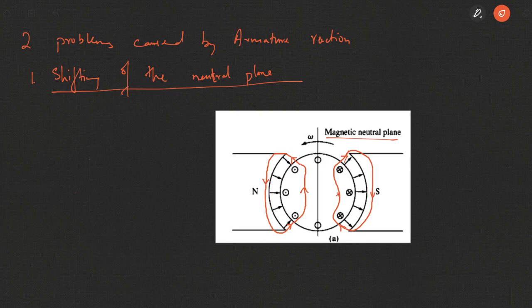Initially the pole flux is uniformly distributed, and once the armature is loaded, the current begins to flow.